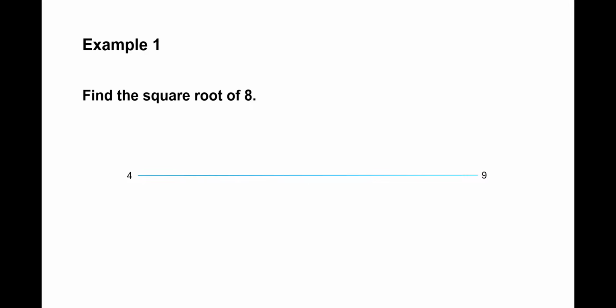Time's up. So in the comments, if you said that the square root of 8 is right here, then you're correct. The square root of 8 is approximately equal to 2.83.